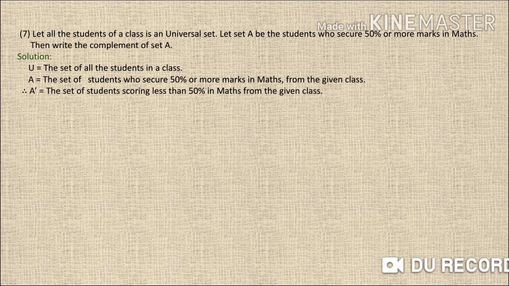The universal set is the set of students in a class. Set A is the set of students who score 50 or more than 50 marks in maths. Therefore, A complement is the set of students scoring less than 50% marks from the given class in maths. So this is about practice set 1.3.